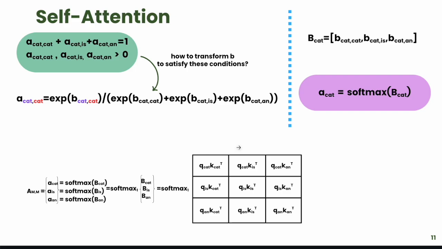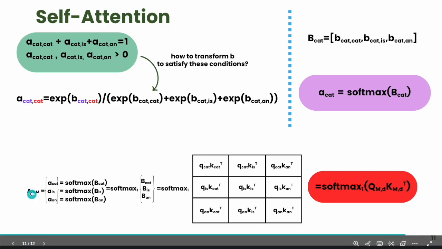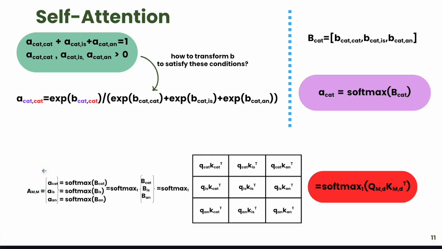So you can write this whole expression as a product between the query matrix Q and the transpose of the key matrix K. Okay, so that's the expression that you usually see in the literature, right? So there's a weight matrix. The weights that we had, which we were using to linearly combine, are nothing but softmax applied along each row of the Q times the K transpose matrix. And I can summarize this in the next slide.